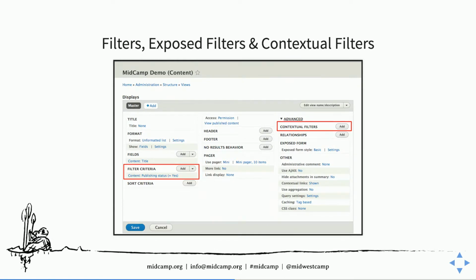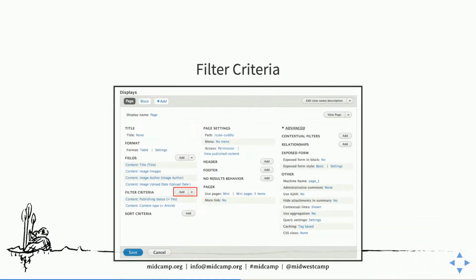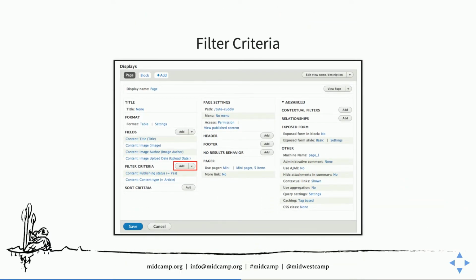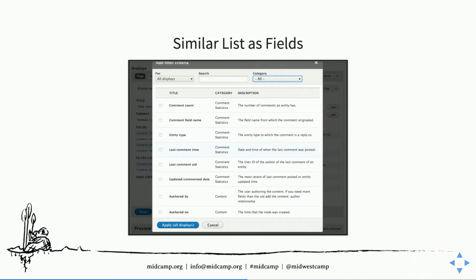So by default, the filter criteria was pretty short, basically just showing published nodes. Each node, or piece of content, has the ability to be published or unpublished, and we only want to show content which is published in this case. Like fields, we can add individual filter criteria. When we click on that, we're provided with a similar list as fields.